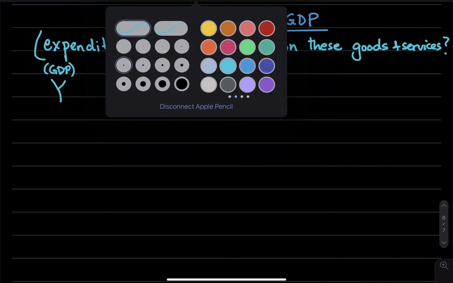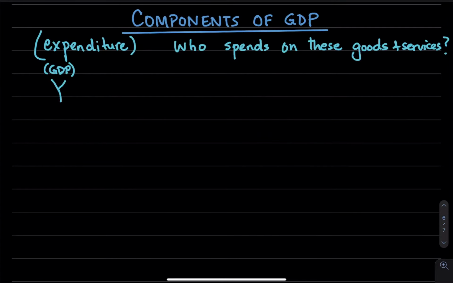And you might come up with some answers like maybe it is the households that spend on goods and services. Maybe it is the firms or companies that spend on goods and services. Maybe it is the government that spends on goods and services, and maybe there are other people in the world outside of our country that spend on goods and services.